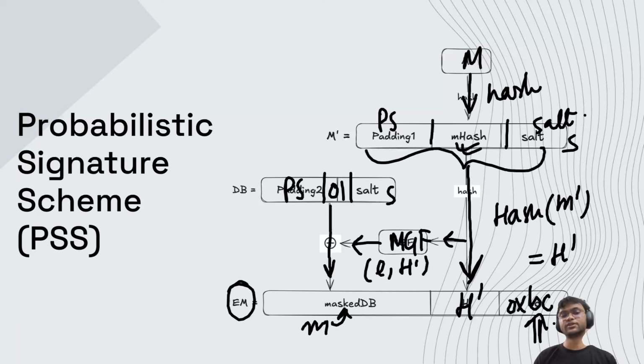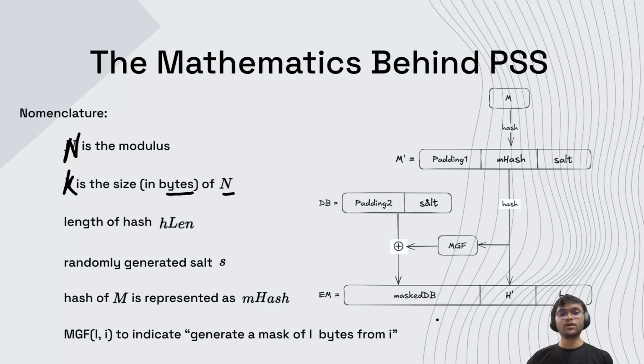Now let's dive into the mathematics of PSS. Before we dive any further, it's important we understand the nomenclature that will help us in our discussion up ahead. In PSS, we'll use N as the modulus for RSA encryption. We'll say the size of this N is K in bytes.